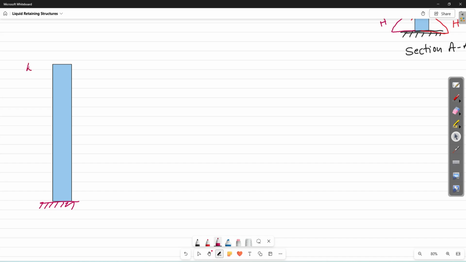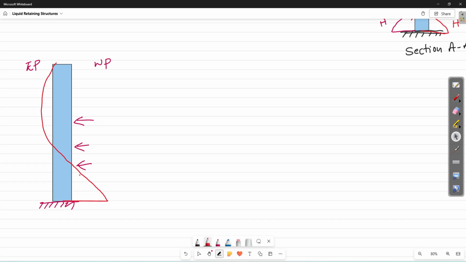You have earth pressure from outside and water pressure from inside. So we will take a single case. First consider you have water pressure acting on your wall. Your bending moment diagram will be like this: hogging, sagging.